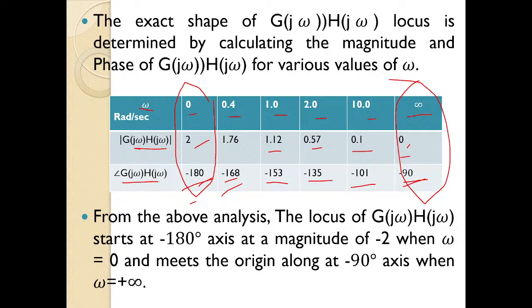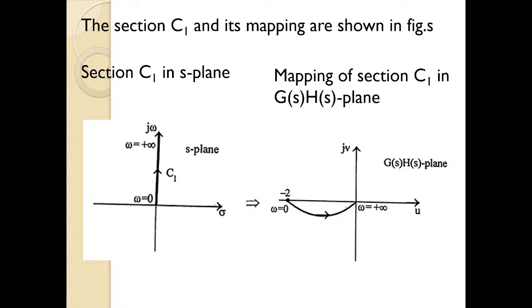If you observe, all the angles are negative, so definitely you have to plot like this. It depends on which axis the plot is about to start and which axis it is about to end. So draw it.